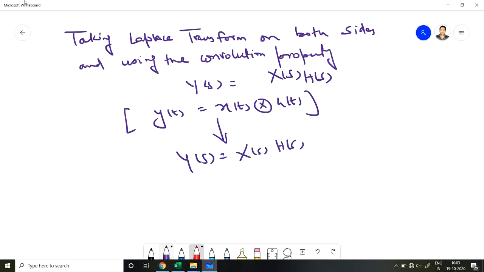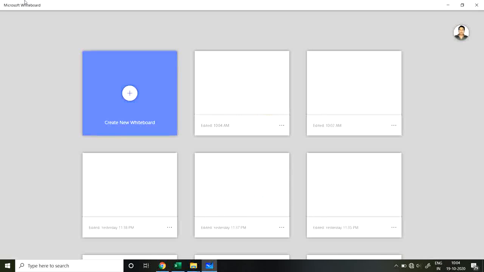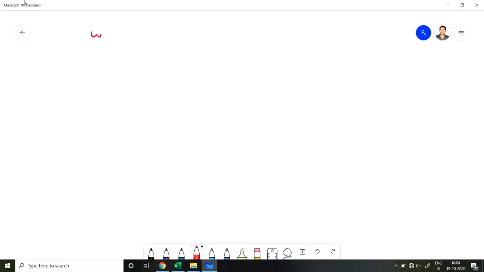What is happening here is that convolution in time domain is equal to multiplication in the s domain.